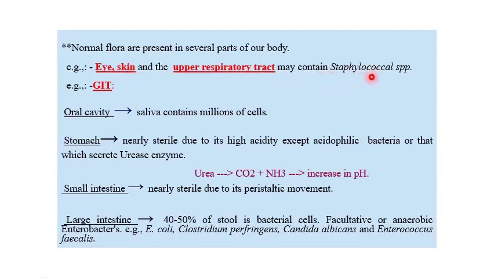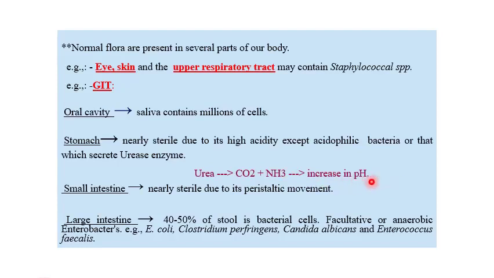For example, Staphylococcus species. The GIT is the place with the most normal flora. In the oral cavity, for instance, the saliva contains millions of cells. The stomach is nearly sterile due to its high acidity, except for acidophilic bacteria or those which secrete the urease enzyme, because urease breaks down urea into carbon dioxide and ammonia.